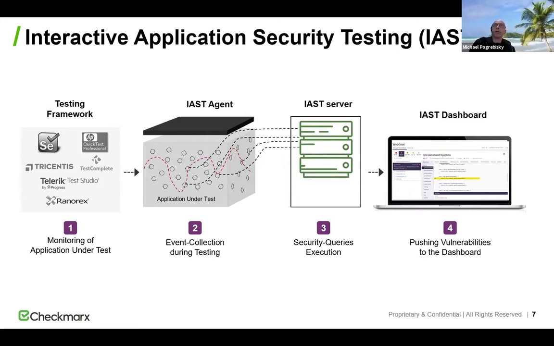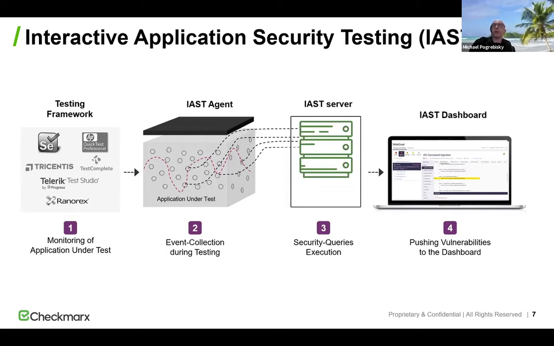And then there is an agent sitting inside the application, listening to various layers of APIs. And when a potentially vulnerable flow is detected, it gets reported in real time, and you get your findings on a dashboard.